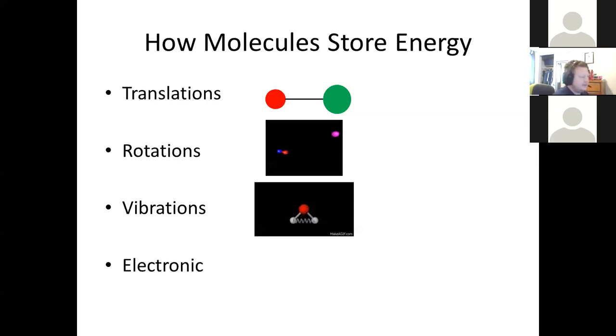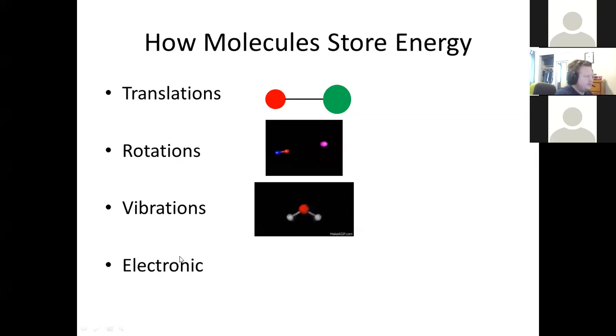We consider this like a spring between the two atoms. It does very much behave like a spring system, and we call these vibrations. You can imagine the number of vibrational degrees of freedom becomes very large as the number of atoms in the system increases.